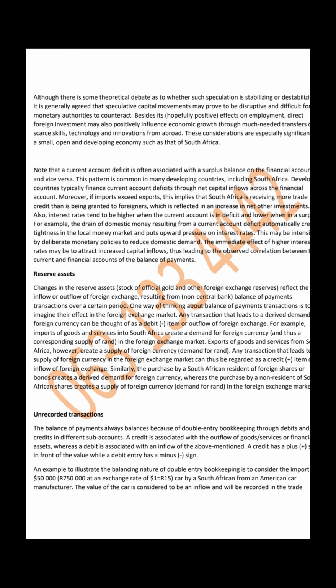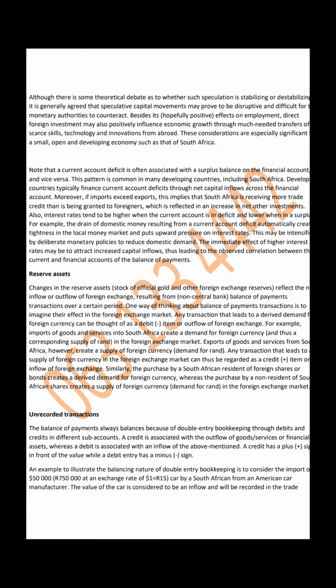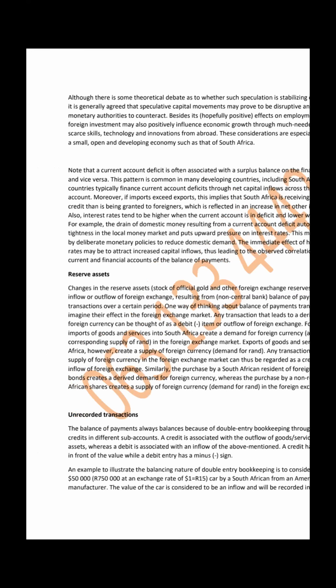All right, and then reserve assets, changes in the reserve assets, which is basically the official stock of gold and foreign exchange, reflects the inflow and the outflow of foreign exchange resulting from non-central bank balance of payment transactions over a certain period. So this one you can also go through. And then the unrecorded transactions, because this is supposed to balance in the accounting sense. So there are a number of reasons why this will not balance, right?